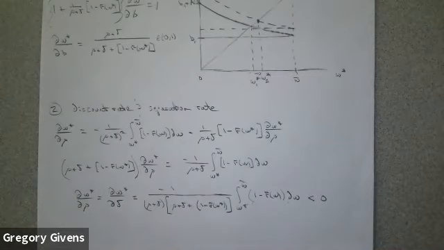Now, let's think about the intuition for this result. As the discount rate goes up, agents are going to discount future payoffs, future consumption levels, at a higher rate. They are more impatient. They value the present higher than they do the future.